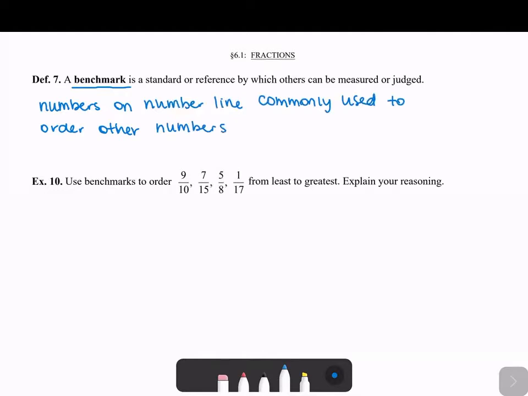So numbers like this are 0, 1, 1/2, and we also typically use 1/3, 1/4, 1/5, and so on. So these are just common benchmarks.